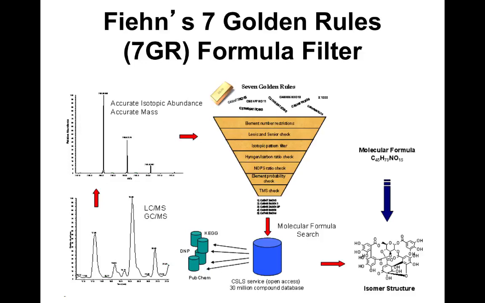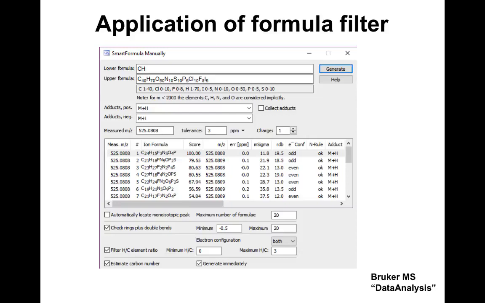You can't have a C12O1 compound. It just can't physically bond. So those rules allow you to narrow down what is a reasonable formula and what's a feasible structure. These formula filters are also available in commercial packages. Bruker can also provide that sort of formula filter, Thermo, I'm sure, and others.